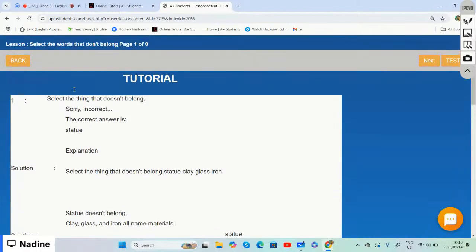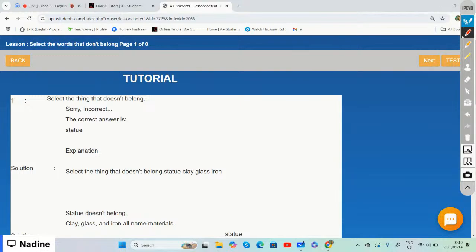All right, so now it says here we need to select the things that don't belong, right? Here we have words like statue, clay, glass, and iron. What are the words or a word that don't belong?